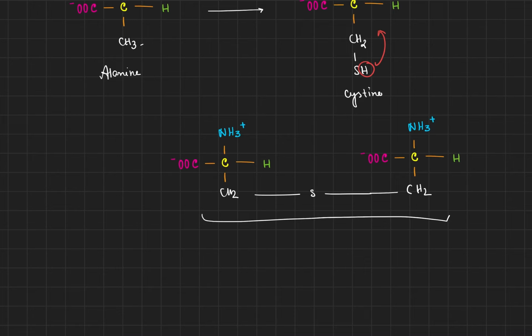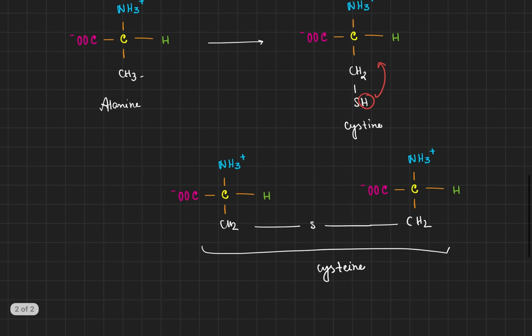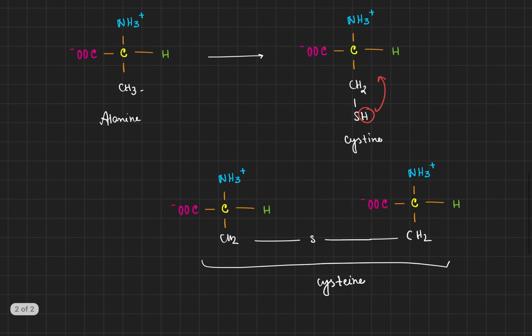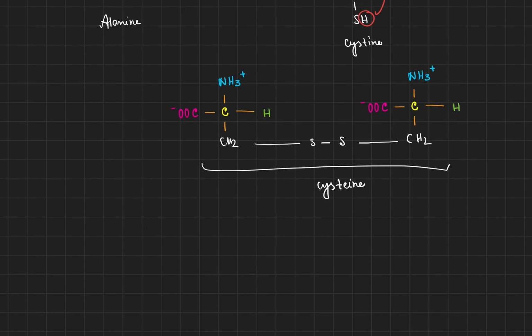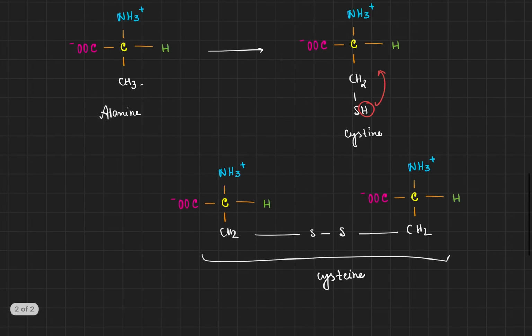This is called cystine. This is basically a dimer. Yes, they are actually forming a dimer of the cysteine.